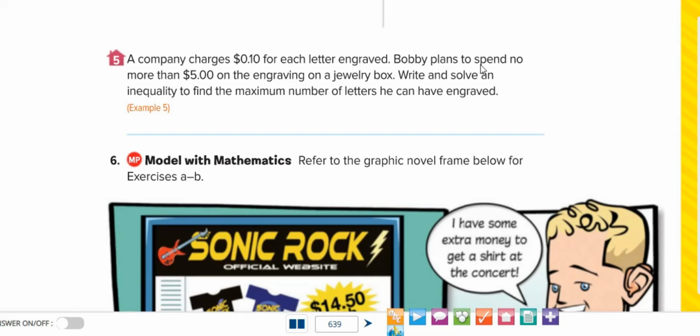Bobby plans to spend no more than $5. This is the amount he has. He has no more than this amount. So on the engraving on a jewelry box, write and solve an inequality to find the maximum number of letters he can have engraved.